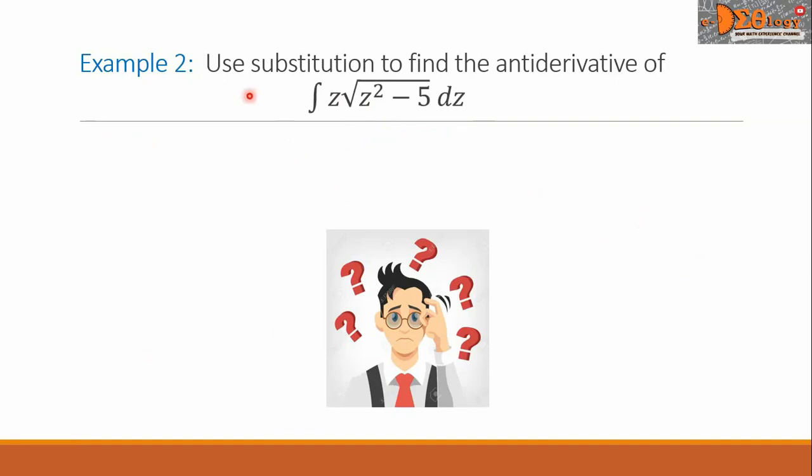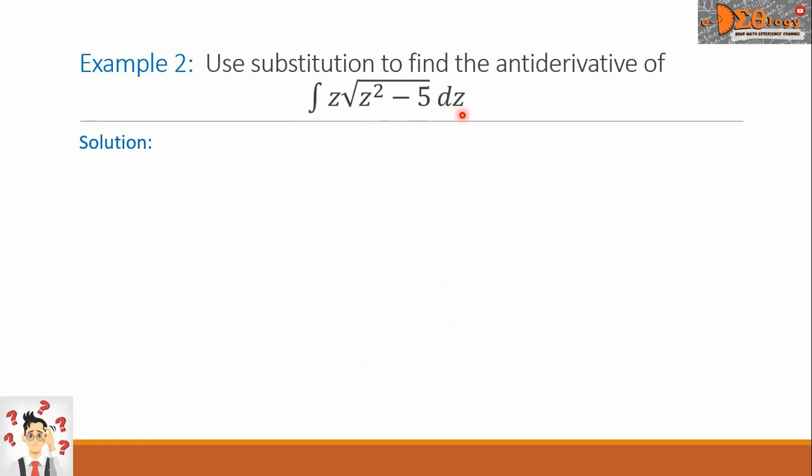Example 2. Use substitution to find the antiderivative of the integral of z times the square root of the quantity z squared minus 5 dz. For our solution, let us rewrite the integral showing that this radical is in the form of fractional exponent.